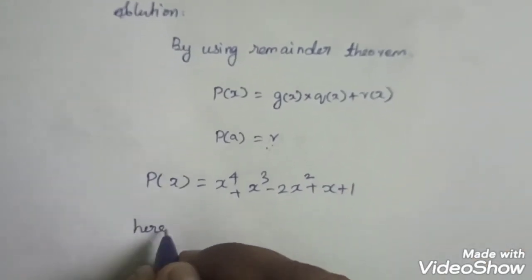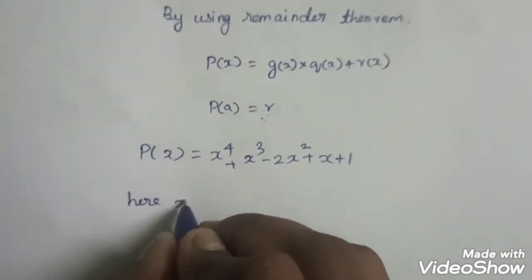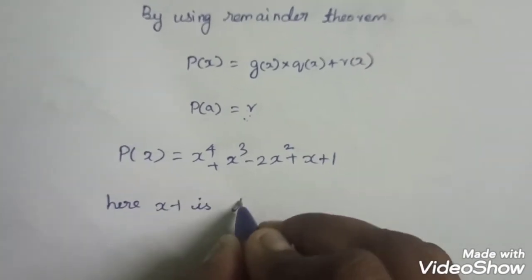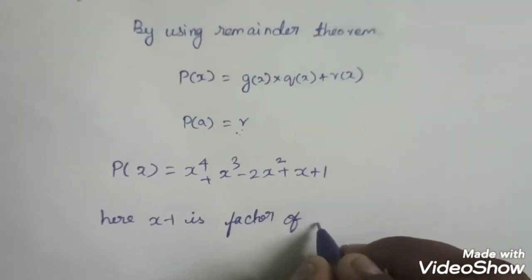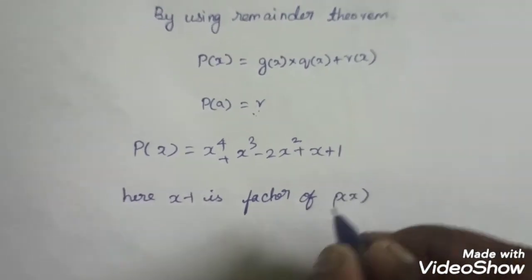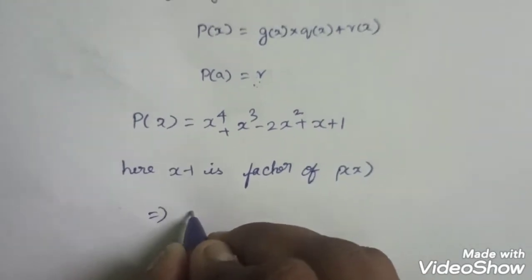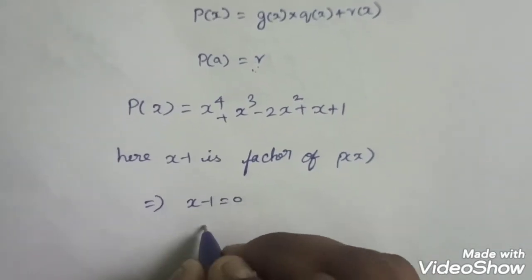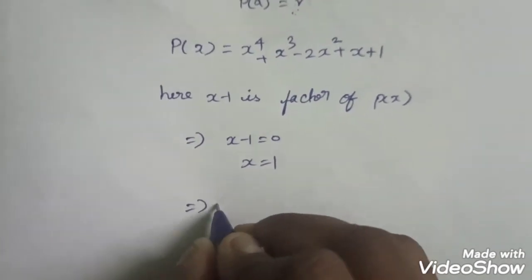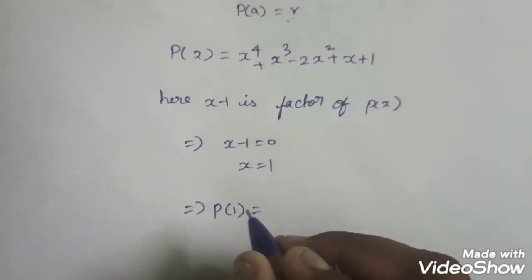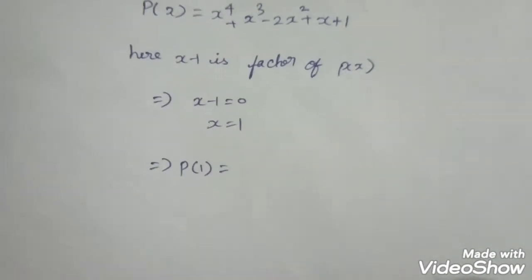Here x minus 1 is a factor of p of x, which implies that x minus 1 equal to 0, x equal to 1. So which implies p of 1 equal to, so instead of x I will put 1.